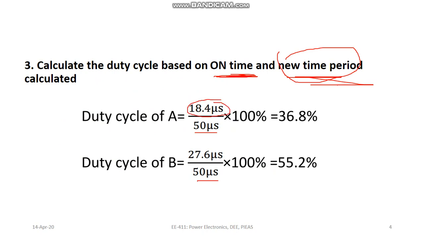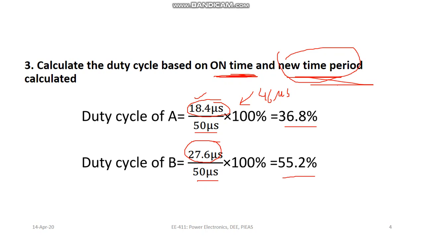These values came from the time period 46 microsecond. I want to find the ratio of these new time periods corresponding to the original time period, which was 50 microsecond. So with that, the duty cycle of A is 36.8% and the duty cycle of the B waveform is 55.2%.